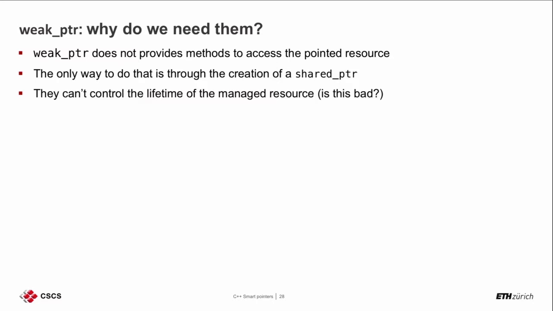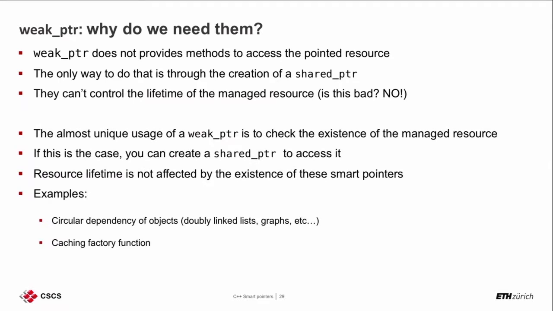If you have deleted all the shared pointers to that memory location, the memory location will be deleted. So you will just have the resource manager, but not the resource itself. So it seems to be quite useless, because you cannot access that memory location and you cannot keep that memory location alive. Everything is managed in these terms using the shared pointer. So it seems to be quite strange, but the idea is exactly that one.